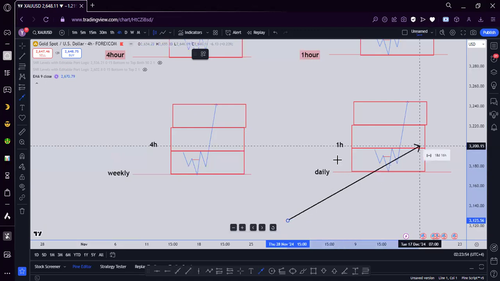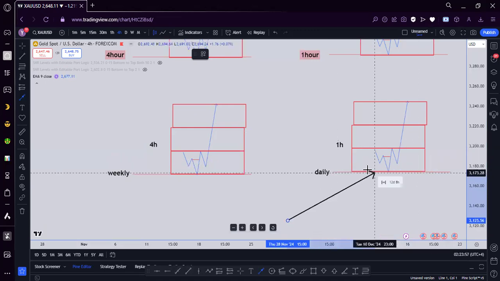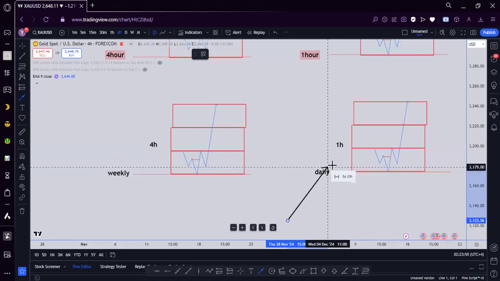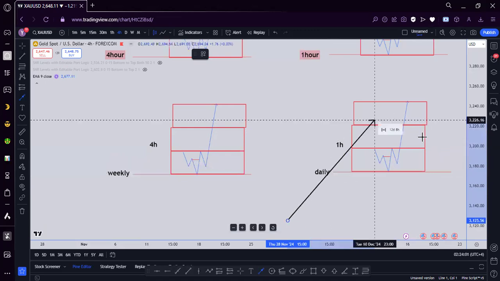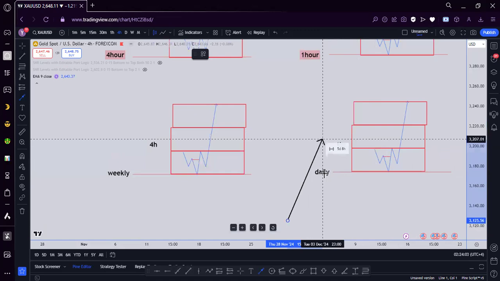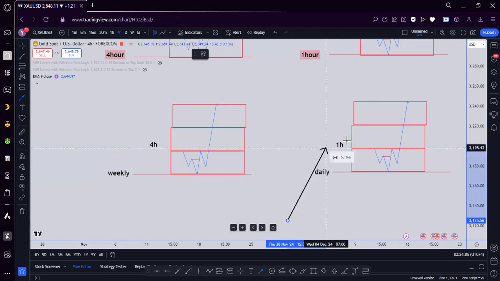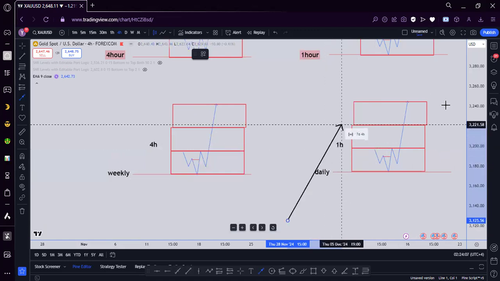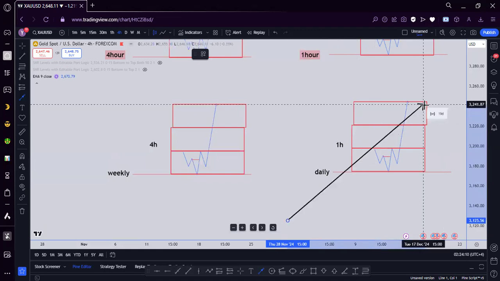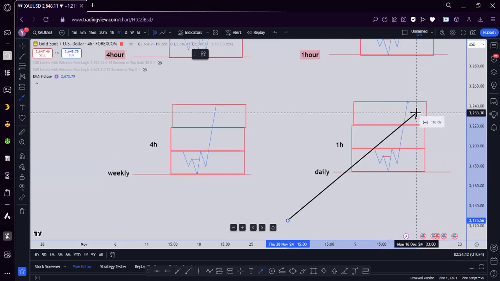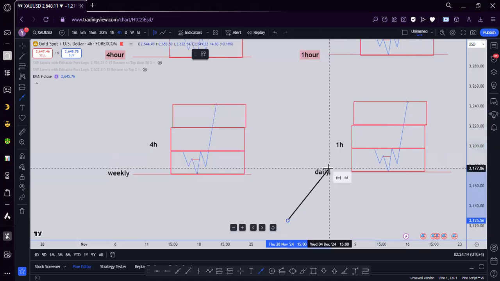The first part, we call it the starting of the daily bullish classic storyline. The second part is the middle of the bullish daily classic storyline. And lastly, the third part, we call it the ending of the daily bullish classic storyline.